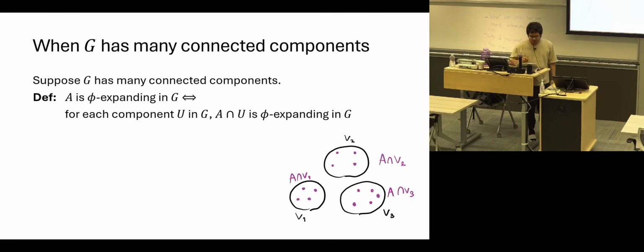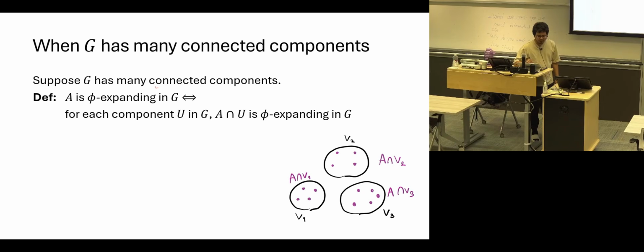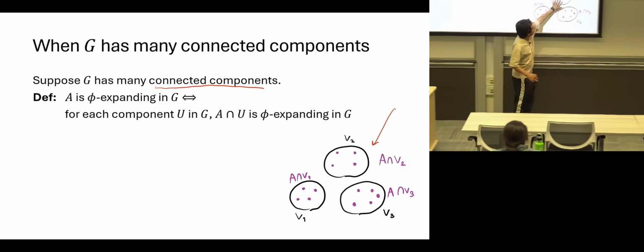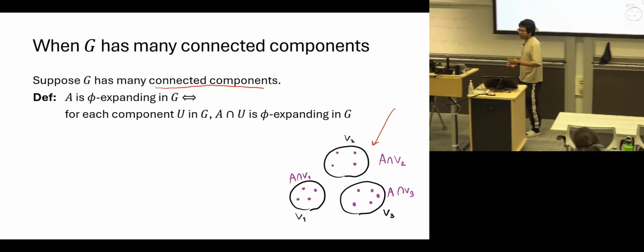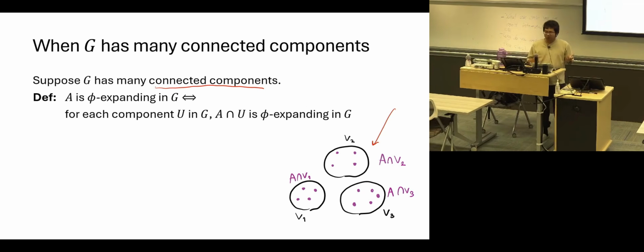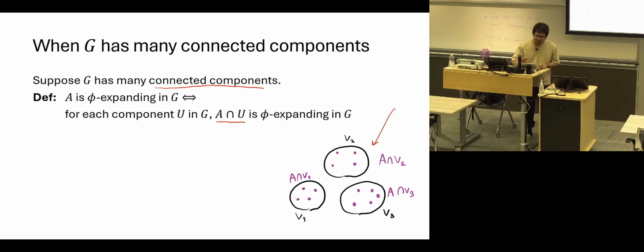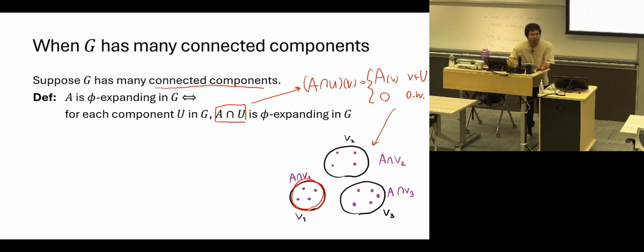Okay. And if G has many connected components, like this graph, where there are components here, there, and there, when I say that A is expanding in G, what we really mean is that when you restrict A to inside each component, A intersect U of V is just A of V if V is in U, and 0 otherwise.